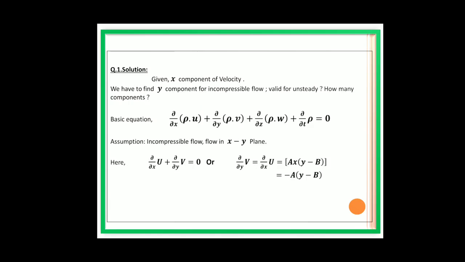We assume this flow is incompressible, flowing in the xy plane. Here we know del x u plus del y v equal to 0, or del y v equal to minus del x u, equal to minus a into y minus b, which is given in the equation. So the solution is minus a into y minus b.